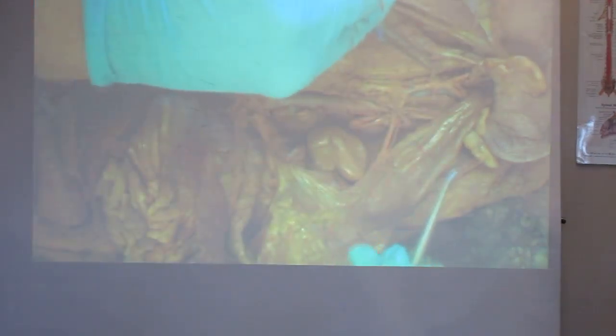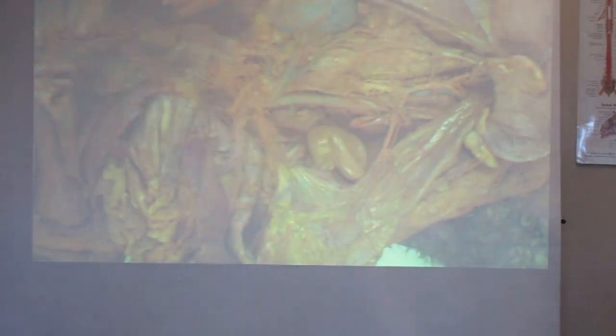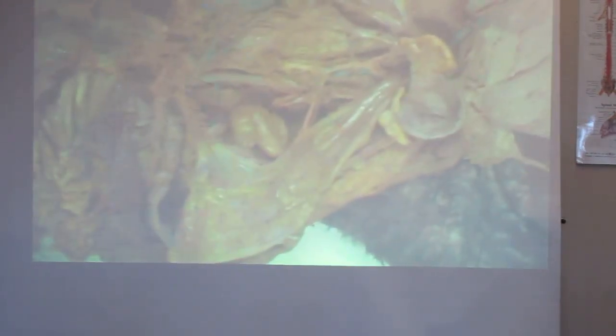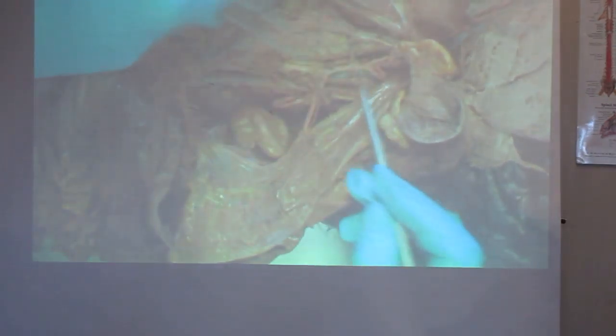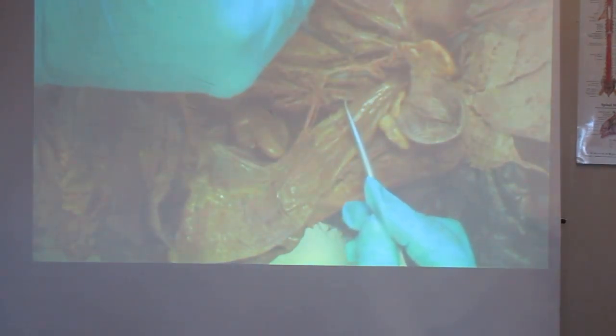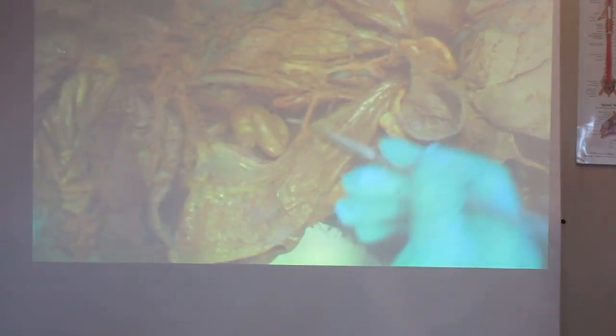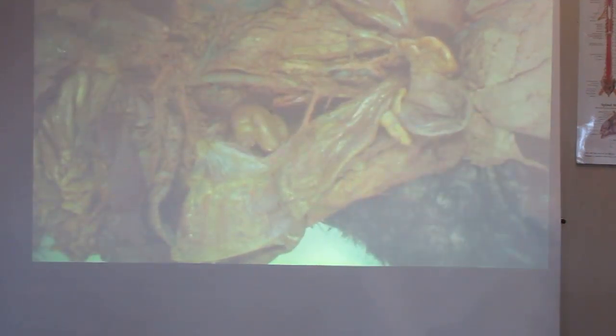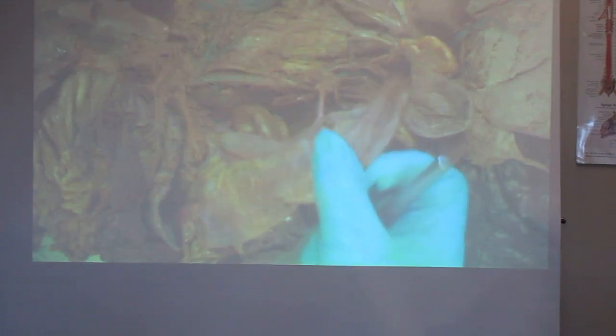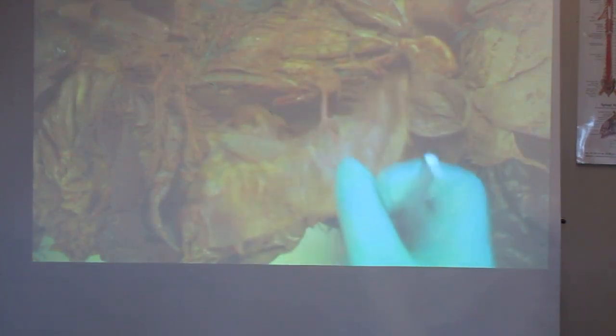Okay, iliolumbar. Now this is where our double upside down Y comes in. After our iliolumbar and way after our inferior mesenteric. The inferior mesenteric is going to go to the descending colon and the rectum. See it?